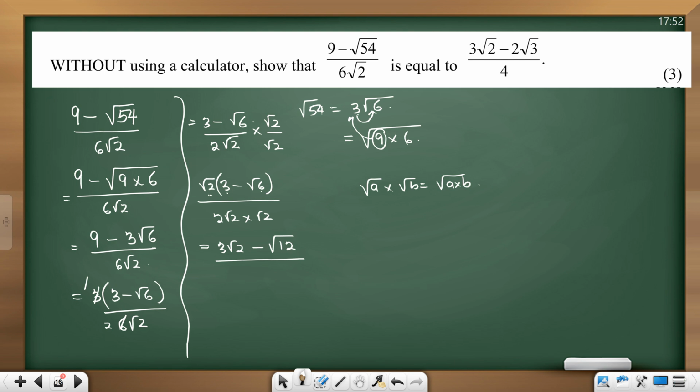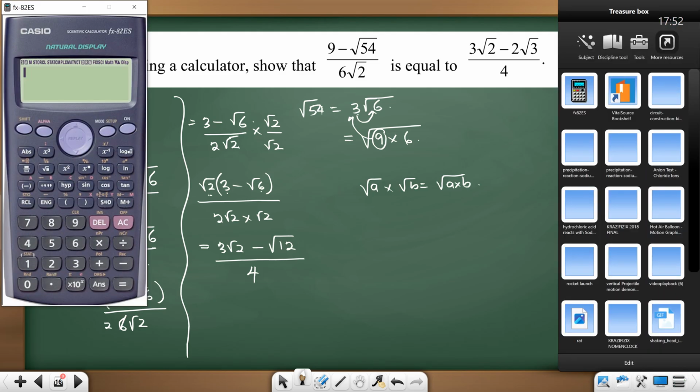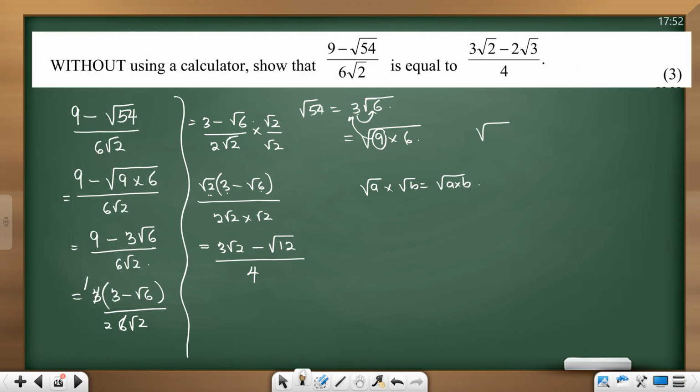Over 4. You can even use a calculator for that. But root 12, I've got a problem. Again, look at what I'm going to do. Root 12, let me show you how to cheat: 2 root 3. If I'm taking the 2 back inside, I'll have to square it. It's 4 times 3.